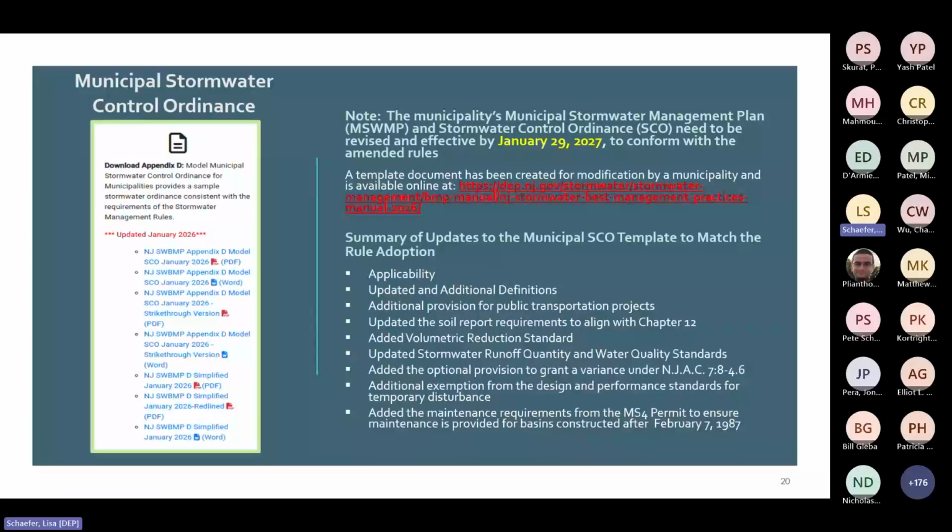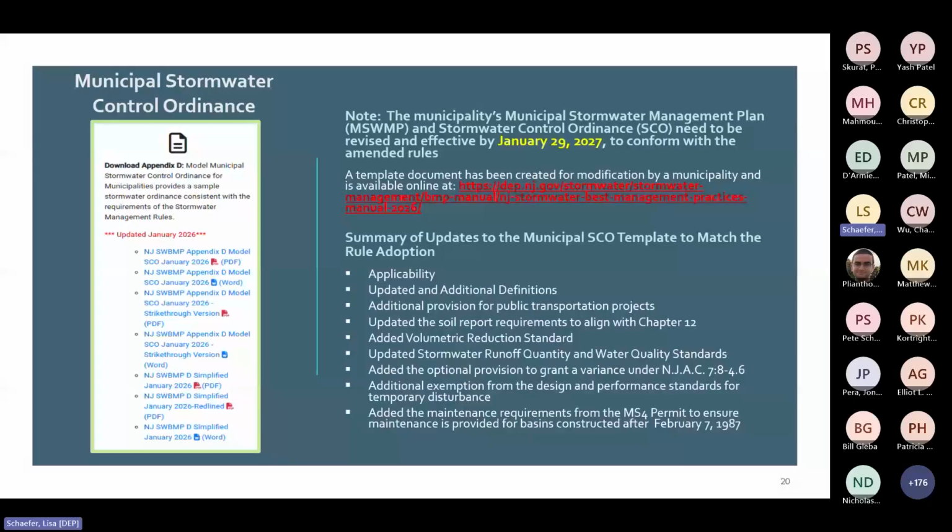On our BMP manual webpage, we also provided templates for the SCO for use by a municipality. The updates to the SCO align with the rule adoption and can be downloaded in Word or PDF formats. On the left is a screenshot from the updated webpage of all of the items available to download. There's a clean copy.